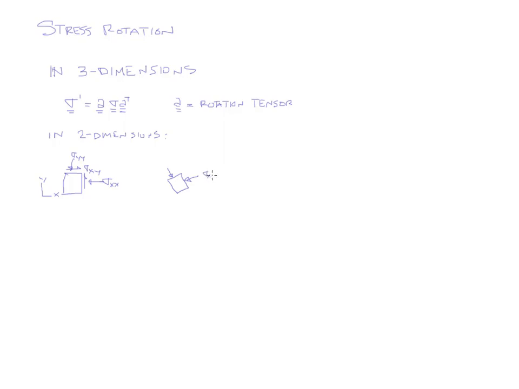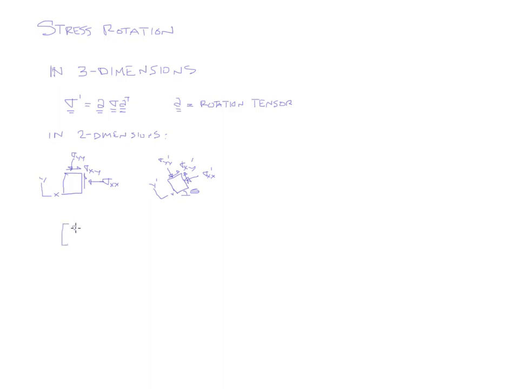So here we would have a new coordinate system, sigma xx prime, sigma yy prime, and then sigma xy prime, in accordance with some x prime, y prime coordinate system. And let's say that the x prime, y prime coordinate system is rotated by some angle theta relative to the original coordinate system.